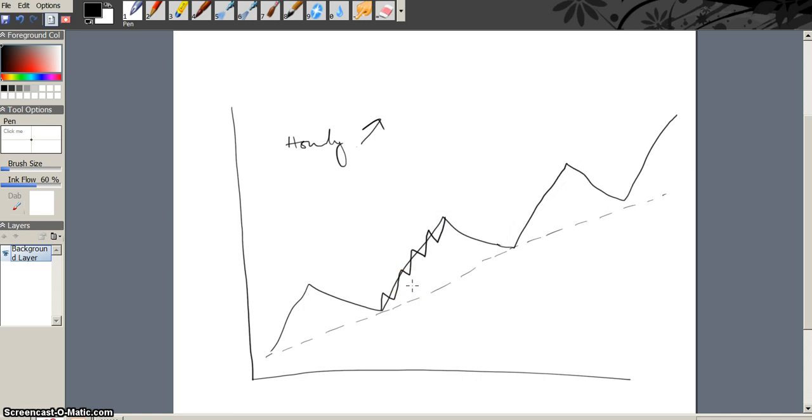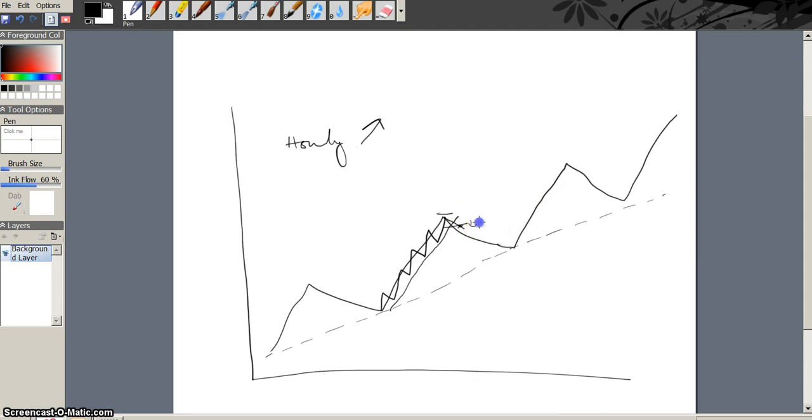So the idea of this strategy is to look for a trend in a smaller time frame which is in the same direction as the larger time frame trend, and then wait till that breaks down, and then you basically take a position opposite the shorter time frame, exactly the way we discussed in the previous picture.